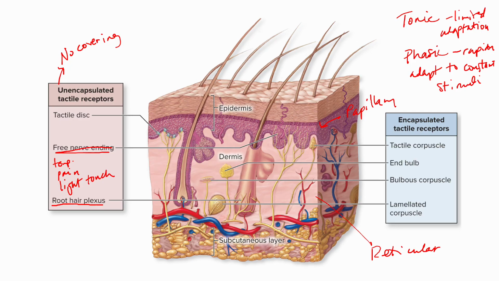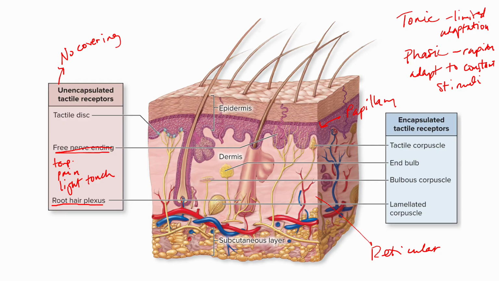So when you put on your clothes every day, you're not reminded constantly all day long that you're wearing clothes. That's because some of these, like the root hair plexus, have phasic adaptation, so they can adapt to constant stimulus.